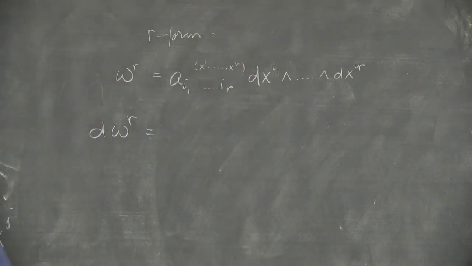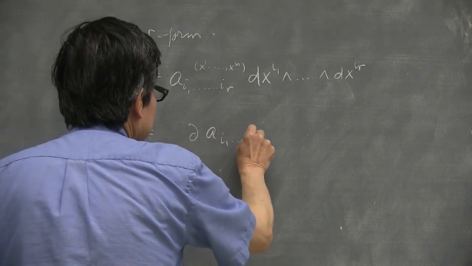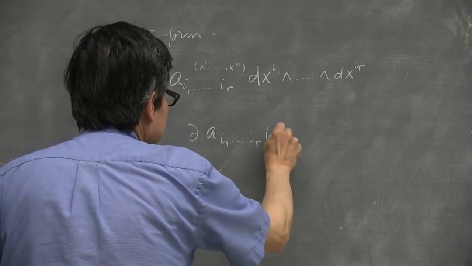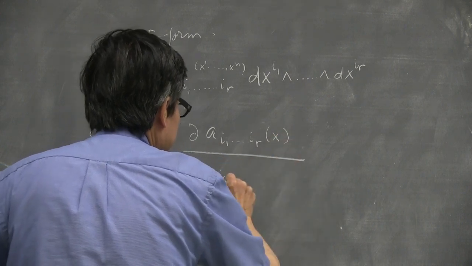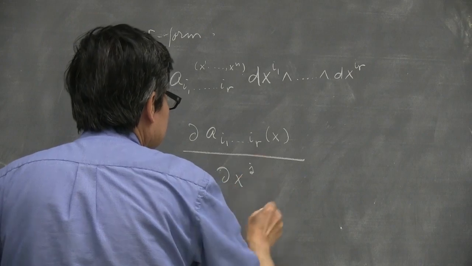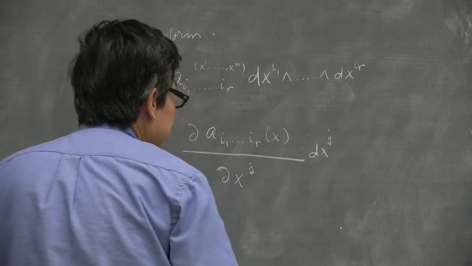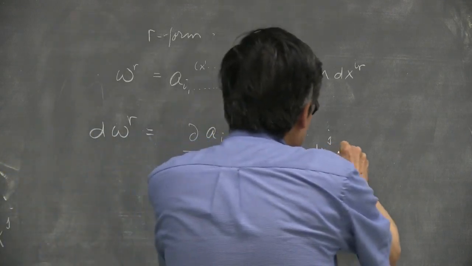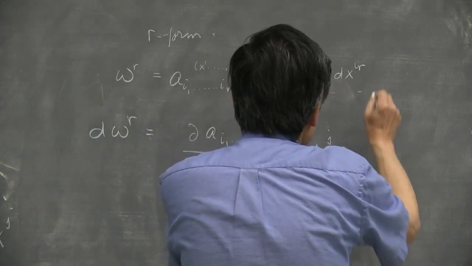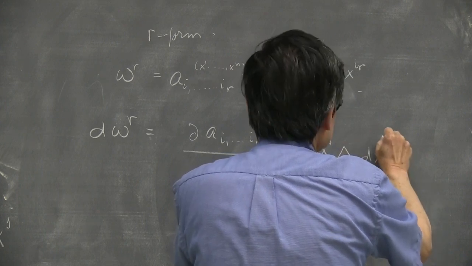So I'm going to partially differentiate this a i1 through ir with respect to some xj, and then sum over the j by attaching a dxj here. And then this stands before all the things that are already there. It has to stand before. This is a rule.